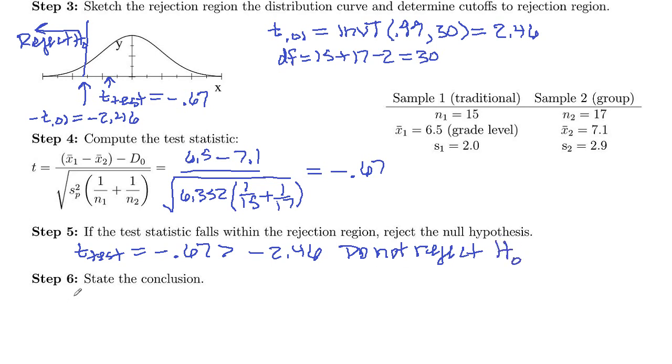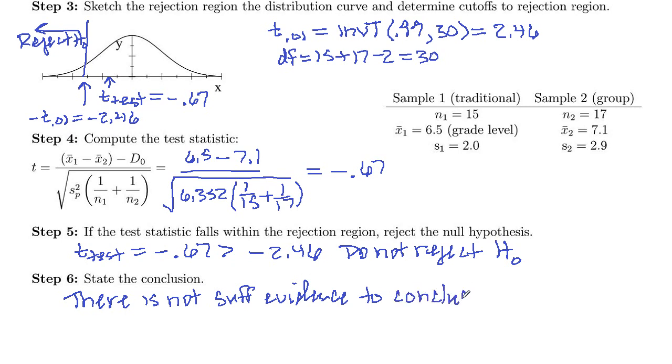Our conclusion then is that there is not sufficient evidence to conclude our alternative hypothesis, mean 1 less than mean 2.